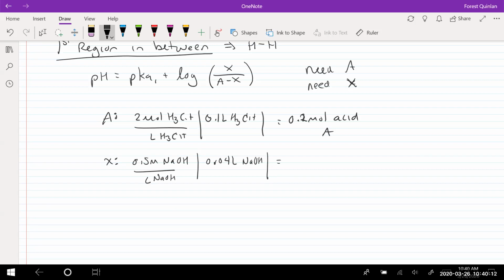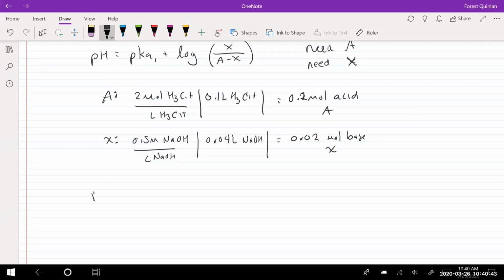And so that is what, 0.02? Just 1 zero or 2 zeros? I don't know. Someone will correct me. I'm just doing math on the fly. That is our X.